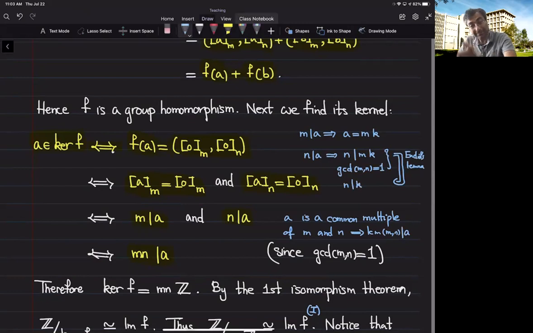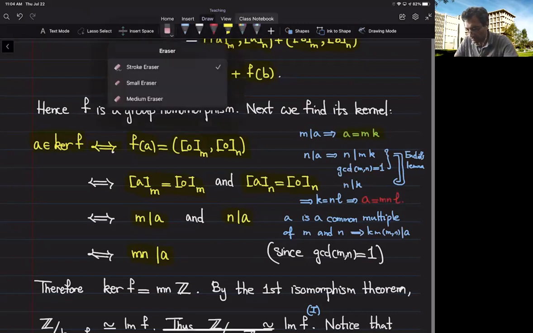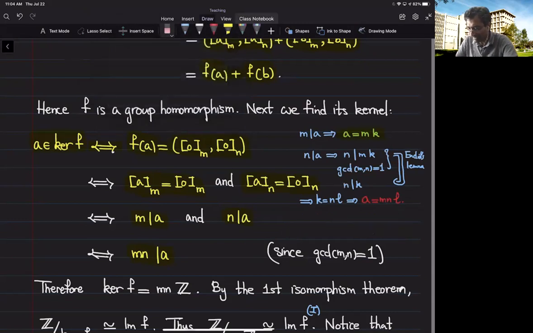So k itself is a multiple of n. Now I can plug it back in over here and I get that a is m times n times l. Therefore, a is a multiple of mn. So these are two different ways of arguing why we have this implication.